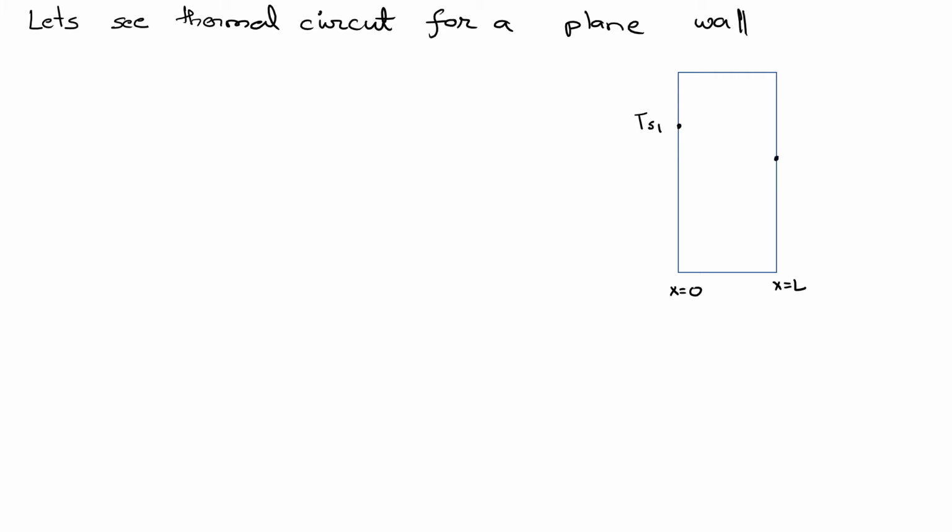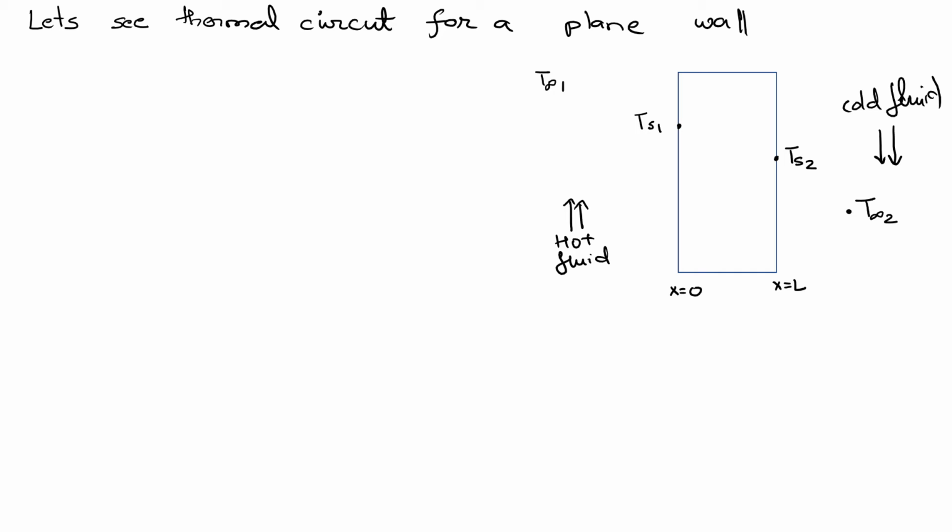Surface temperature at L is TS2, and let's say we have cold fluid flowing on the right of the wall, and the temperature here is T infinity 2, and let's say we have a hot fluid flowing here, and the temperature here is say T infinity 1.